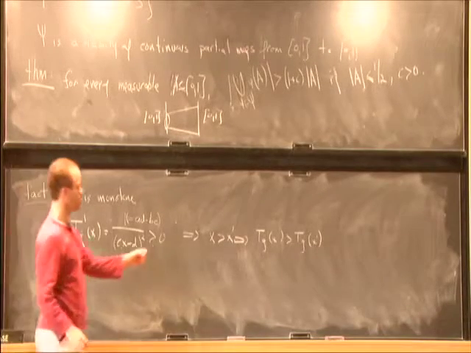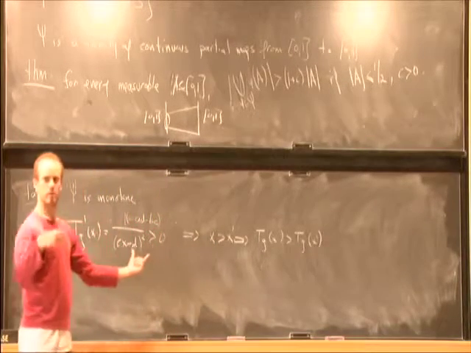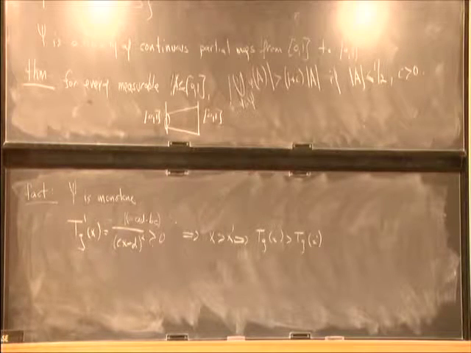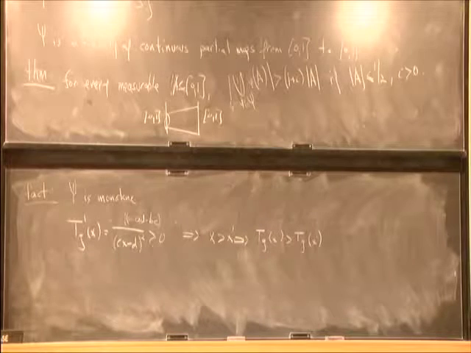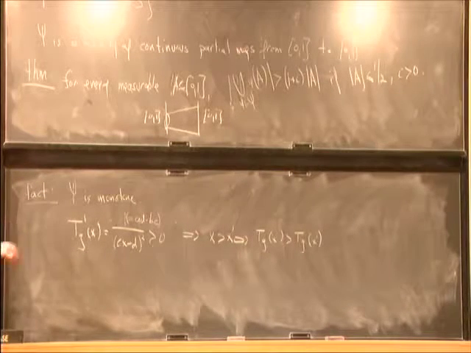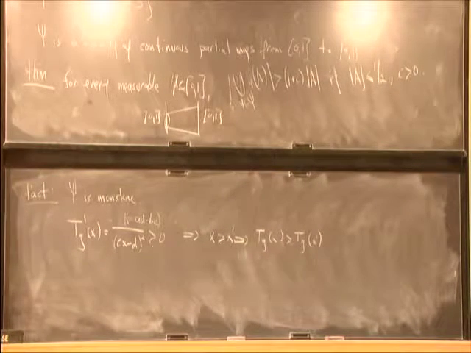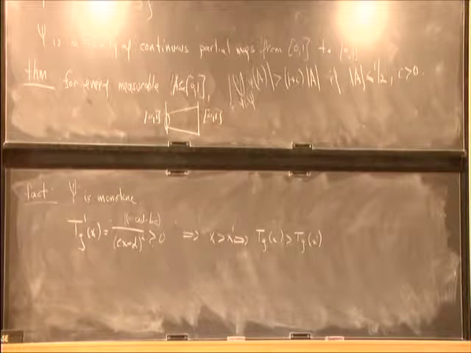And this is true, as Swastik said, only on the connected component of the derivative being defined. Never mind. So this looks like the graph of 1 over x.